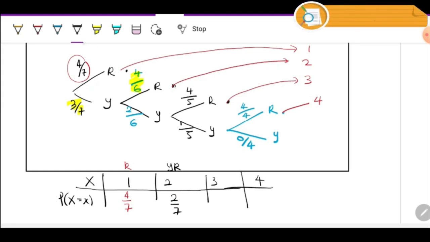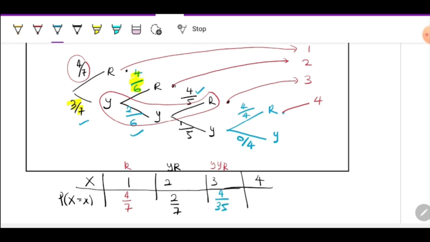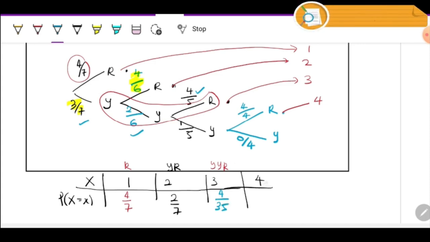3 means we have 3 towels, which is yellow, yellow and red. To get the probability, multiply 3 over 7 times 2 over 6 and 4 over 5. Then we get 4 over 35. 4 means 4 towels, which is yellow, yellow, yellow and red.